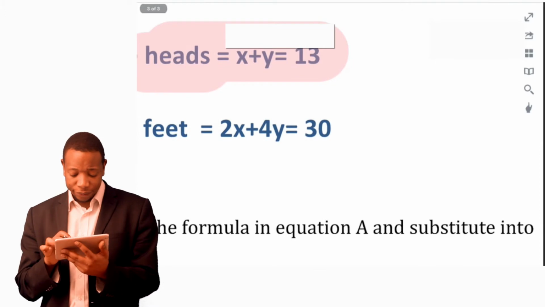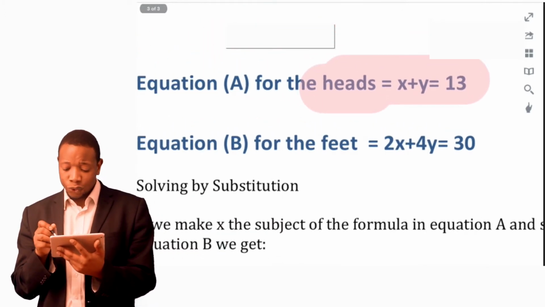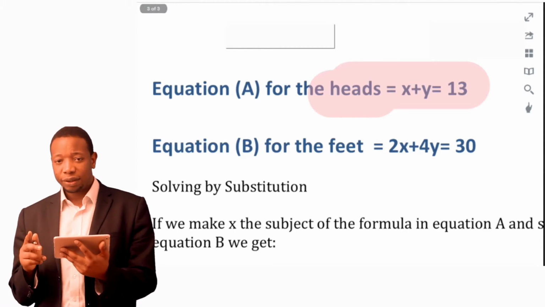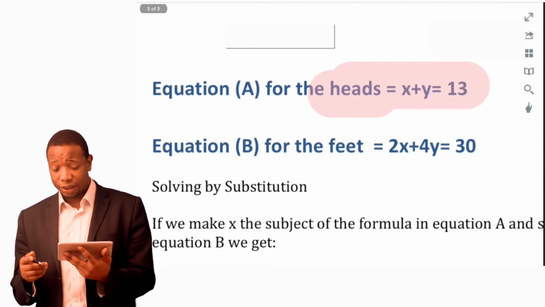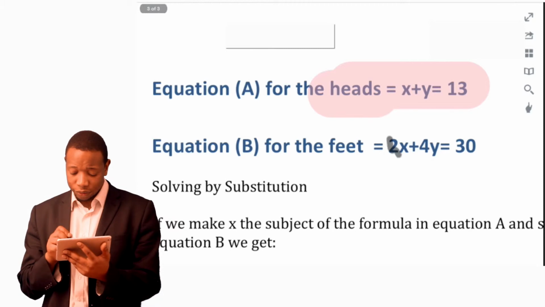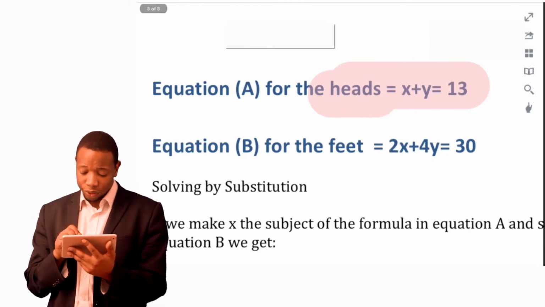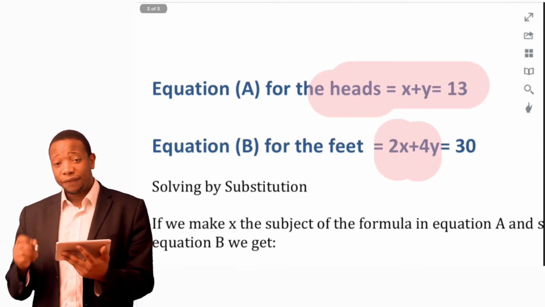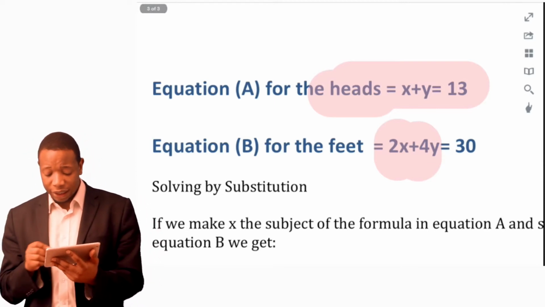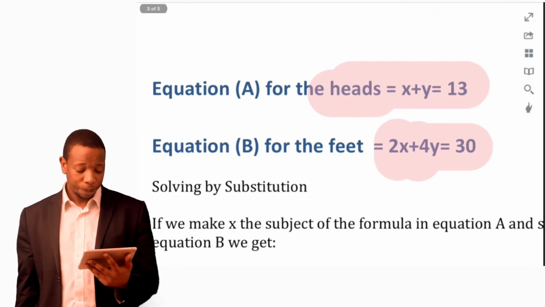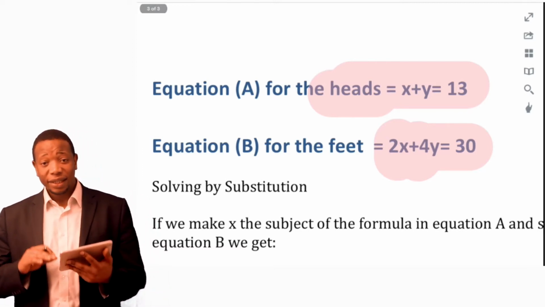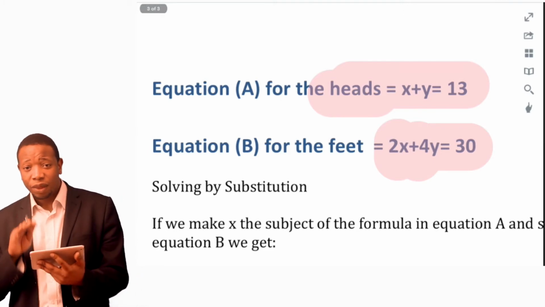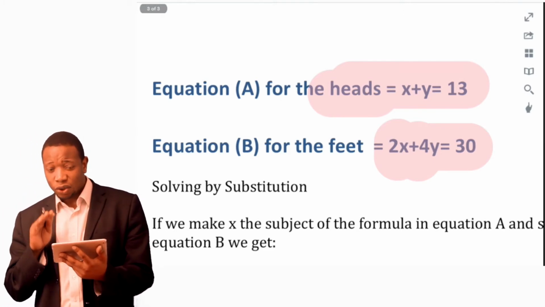If I just expand this, we have 2X for the chickens, and then we've got 4Y. So the cow has 4 feet or hooves, and that is equal to 30. Now that is the solution to the question. Once we solve that part, we have sorted it out.